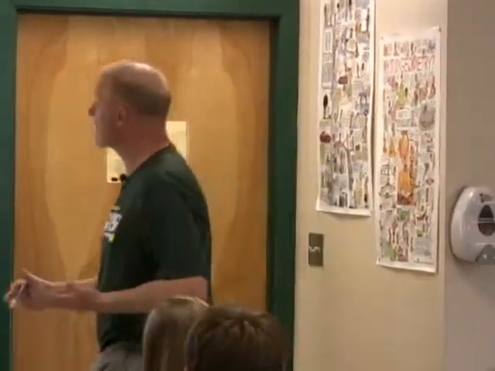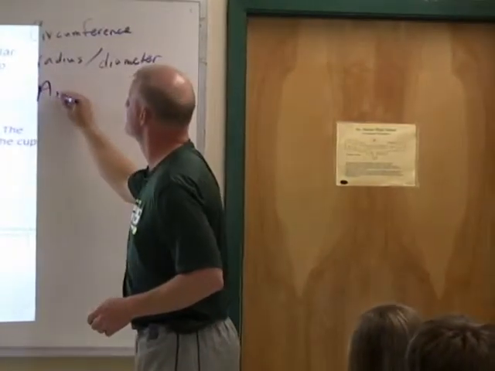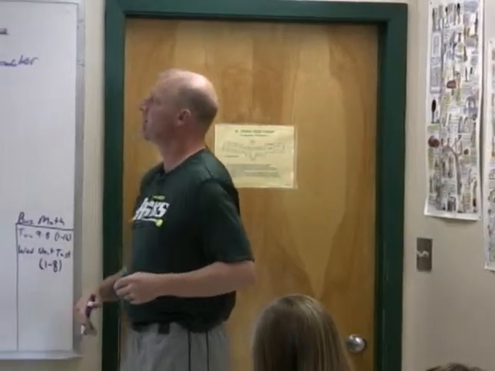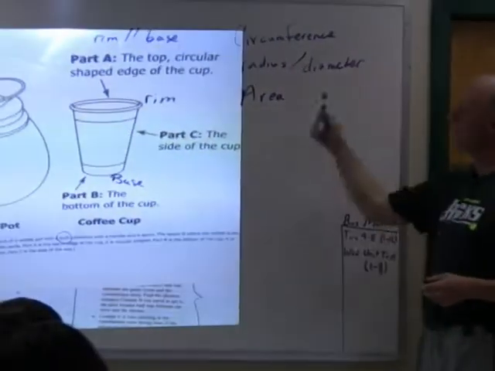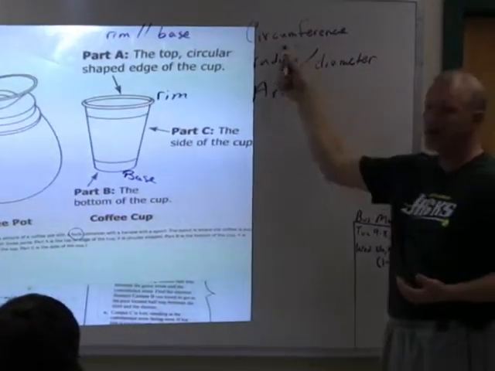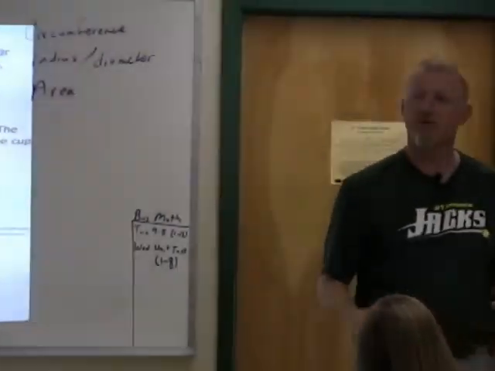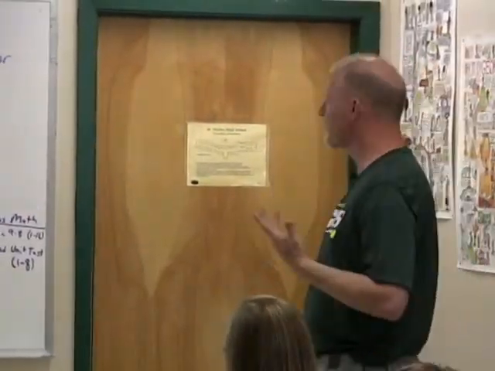Maybe areas of circles, possibly. Could be scale factors. Top circle might be twice as large as the bottom circle. I don't know, I'm just guessing, you guys. But it's things you have to keep in your head. You kind of have to have this broad picture of what they might ask. Usually if it's circular based, those are pretty good topics: radius, diameter, circumference, area.